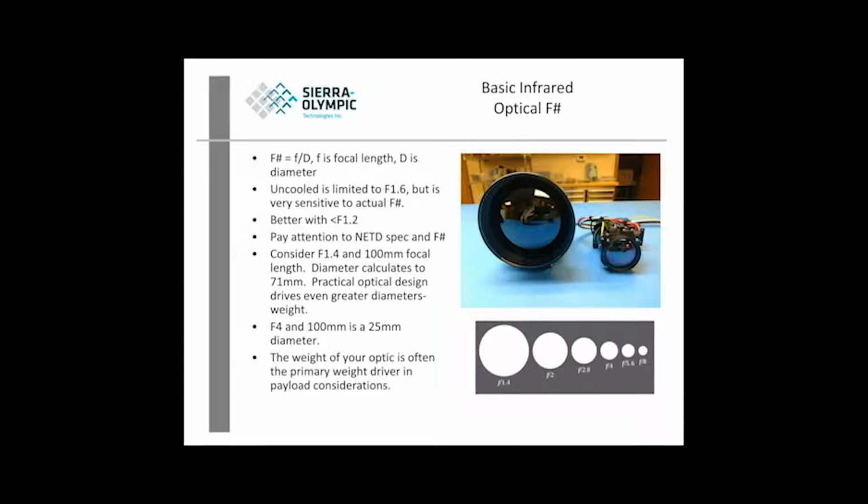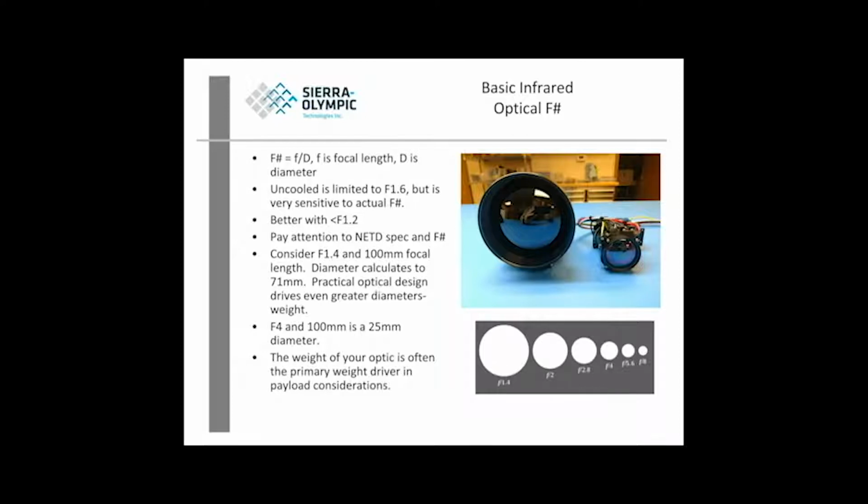And another thing I want to point out is the NETD of an uncooled sensor is going to be strongly dependent on the F number. NETD, noise equivalent temperature difference, is a common specification in infrared systems. Most vendors normalize to f1.0.